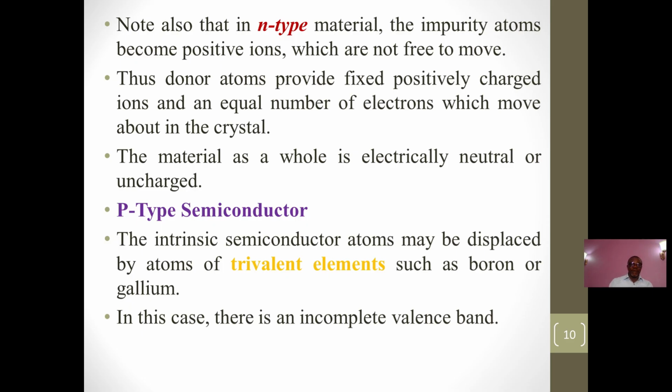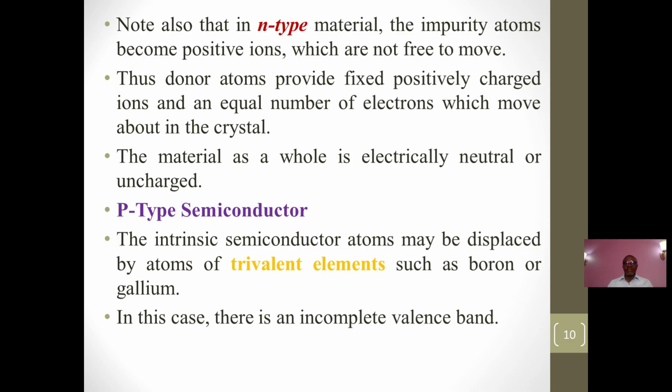Then the other one, which is the p-type semiconductor, we also record that the intrinsic semiconductor atoms may be displaced by atoms of a trivalent element, such as boron or gallium. Trivalent element means those elements with 3 outer state electrons.